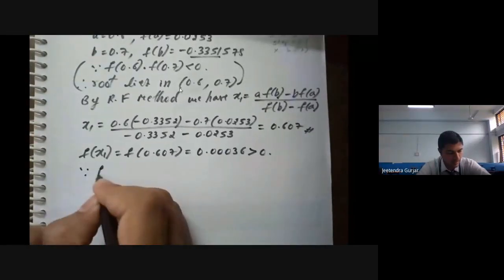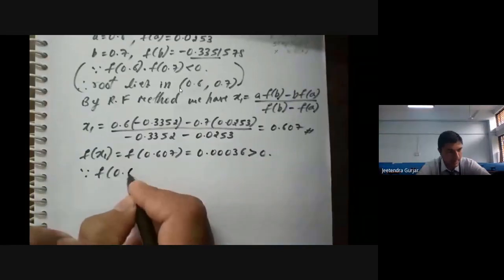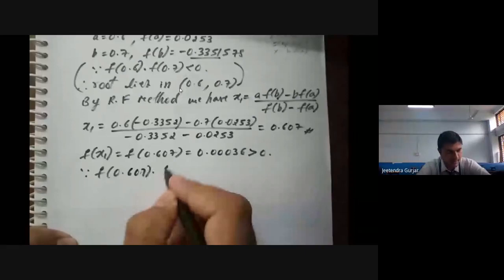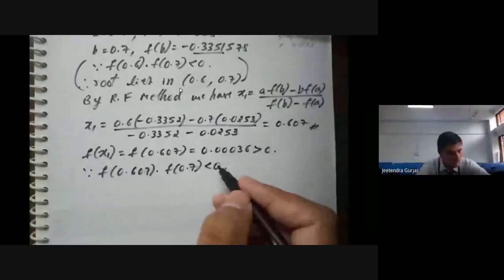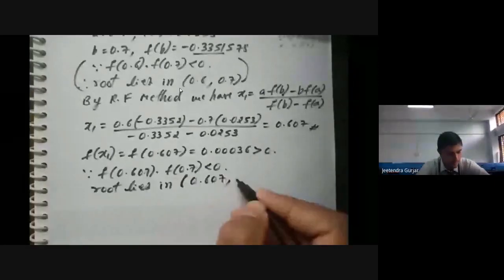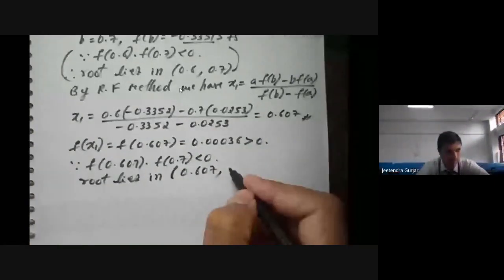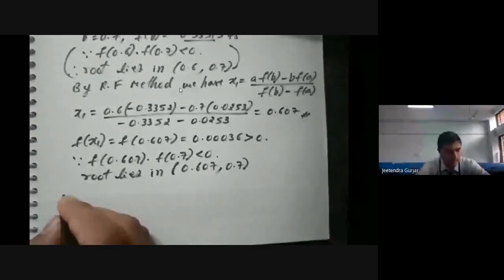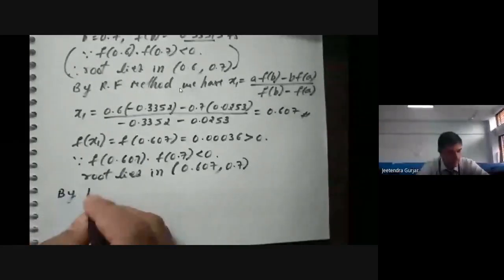Therefore, f of 0.607 into f of 0.7 is less than 0. This is the condition why we take these as a and b, f of a, f of b. So we again require four values: a, b, f of a, f of b. Everything is given. So the root lies between 0.607 and 0.7. I've written the answer. So we'll go with the second iteration.